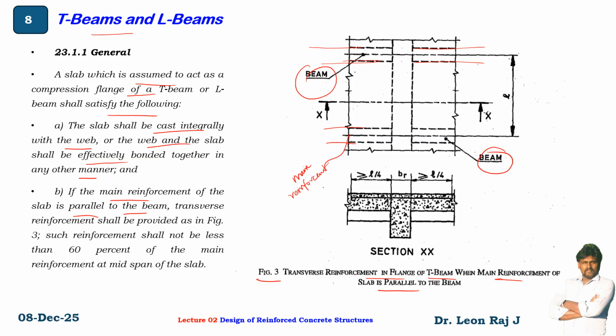Transverse reinforcement shall be provided as in figure 3. So we have to provide the transverse reinforcement. Such reinforcement shall not be less than 60% of the main reinforcement at the mid-span of the slab.